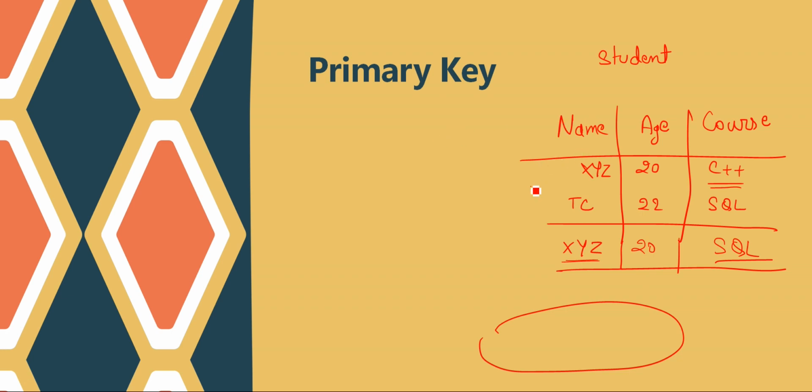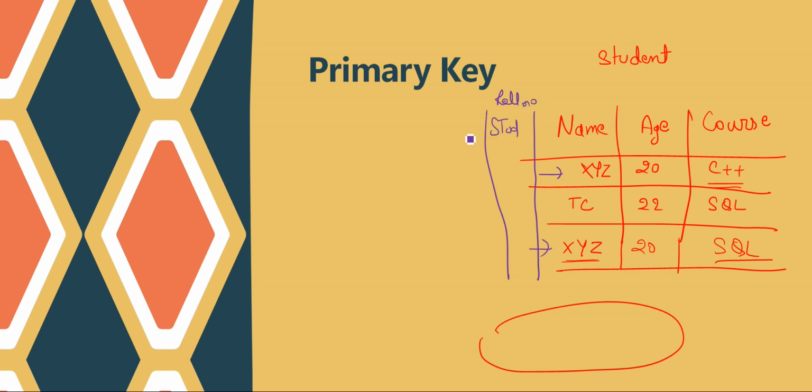Let's say this is our table and we store data in the same format. Then how can I be very sure that this XYZ is not confused with this XYZ? To overcome this problem, we are going to have a different column, student ID, or you can say roll number.